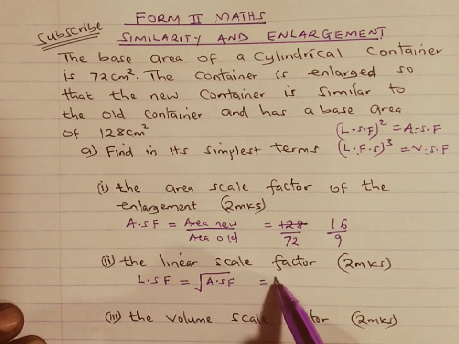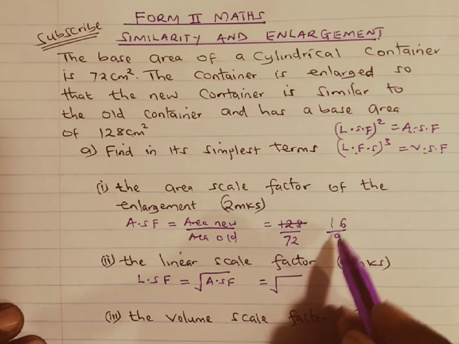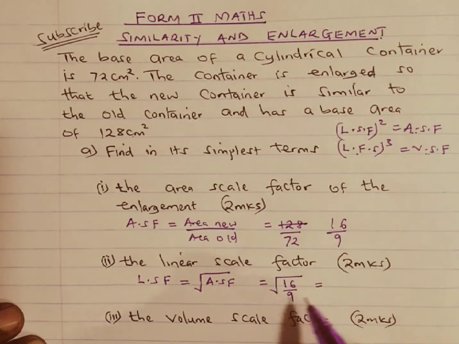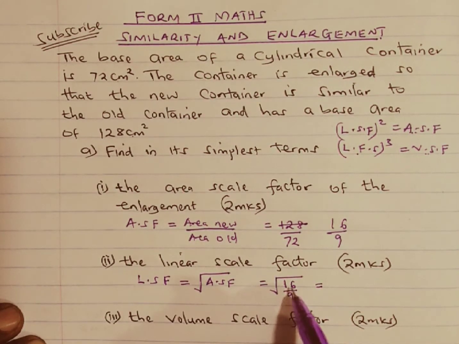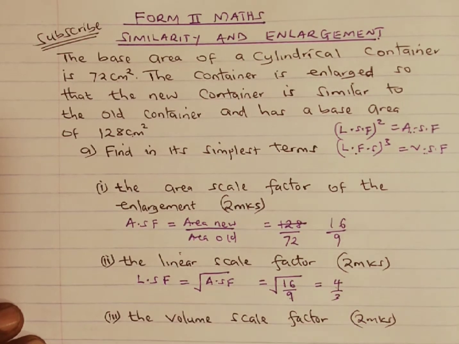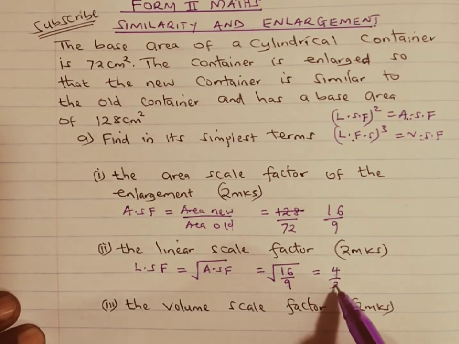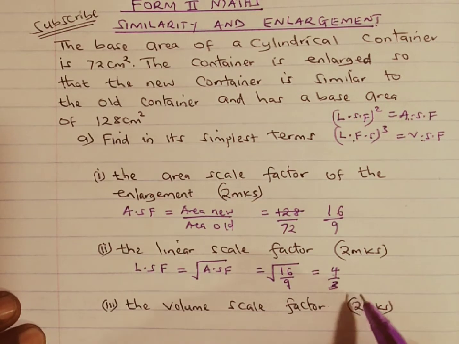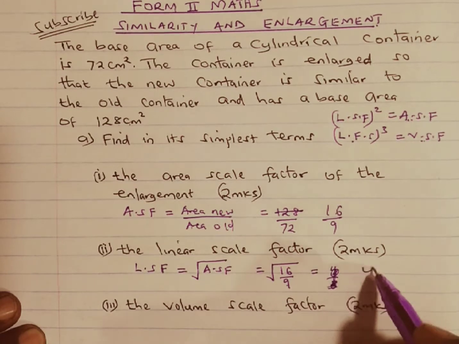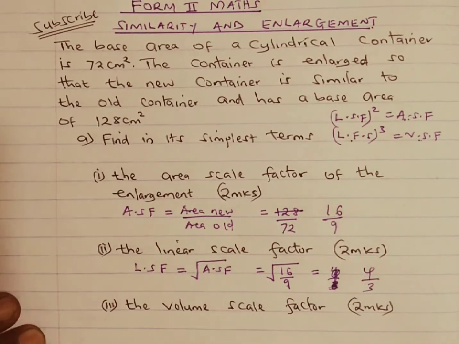In this case, if you take the square root of the area scale factor, which is 16 out of 9, the square root of 16 is 4, and the square root of 9 is 3, and that is the answer to this particular question. This is 4 out of 3.